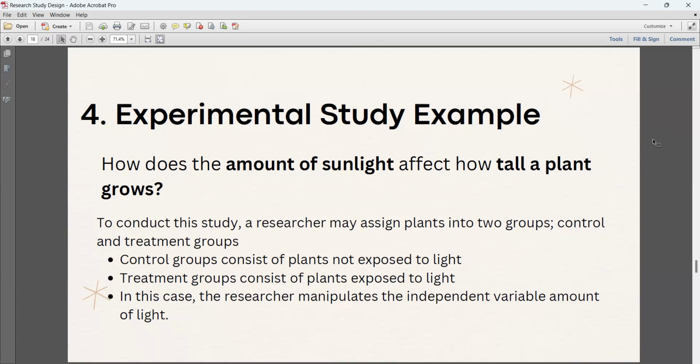The control group consists of plants that are not exposed to light and serves as a basis of comparison for this variable we are trying to manipulate, or the independent variable, which in this case is the amount of sunlight. The treatment group consists of plants that are exposed to light.